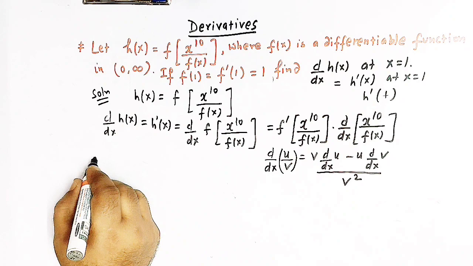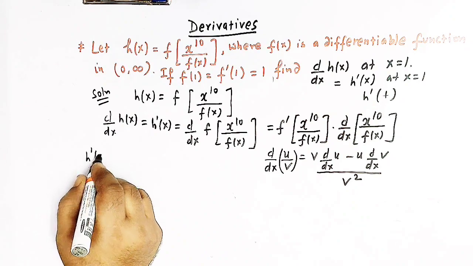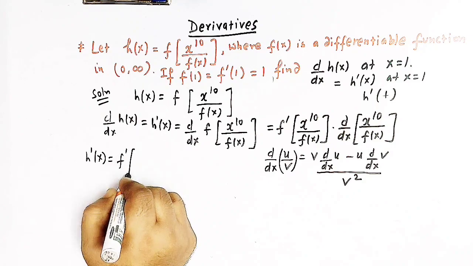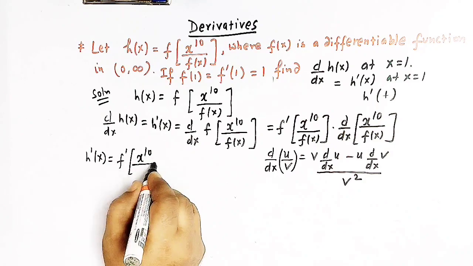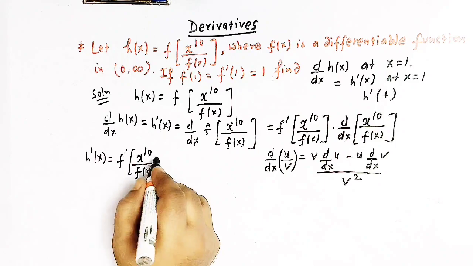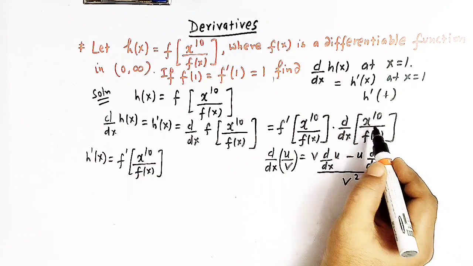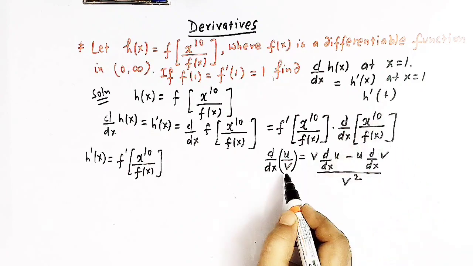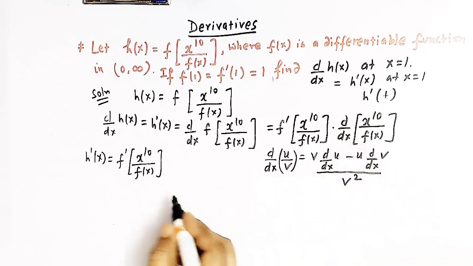So here we have now h prime of x, and this is f prime of x raised to 10 divided by f of x, and here we can take u as x raised to 10 and v as f of x.